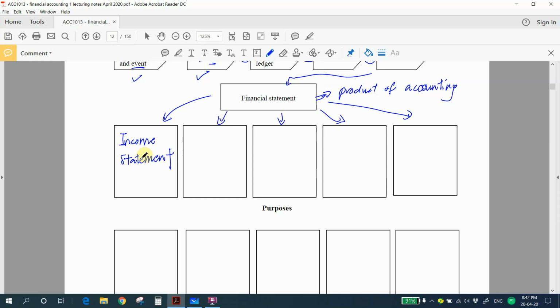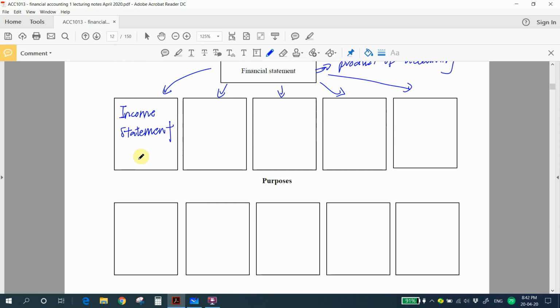So what is the purpose of the income statement? The purpose of the income statement is to present the financial performance of the company.